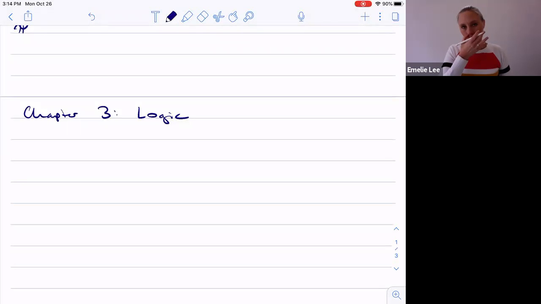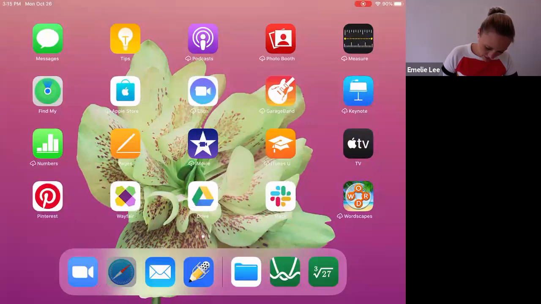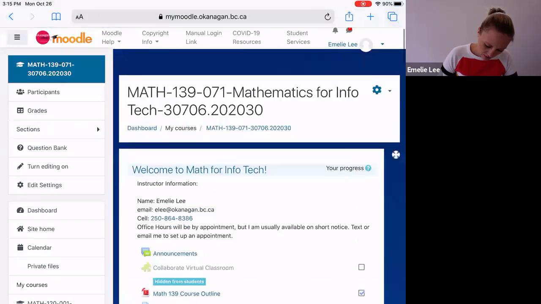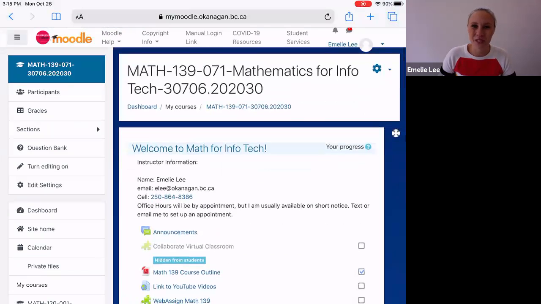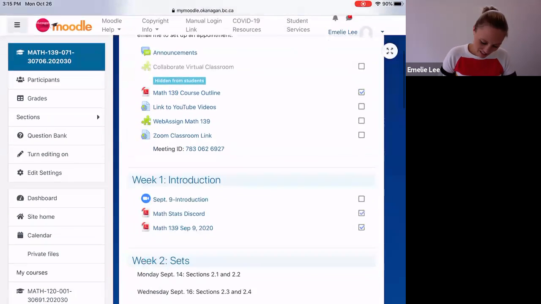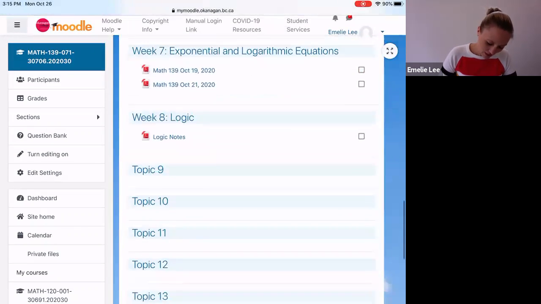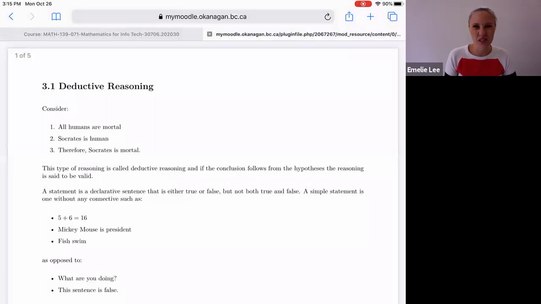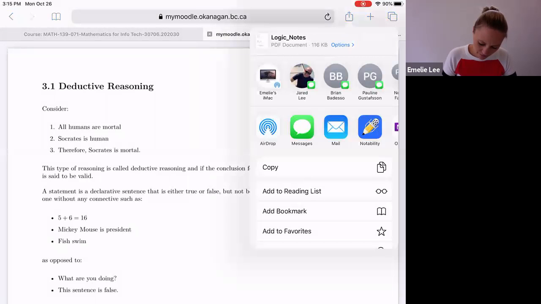Okay, so let's see here. What I did just before class is I posted these logic notes in our, I want to make sure it's on our Moodle page. Because what I decided to do just today was, I was kind of sick of writing out all these notes.